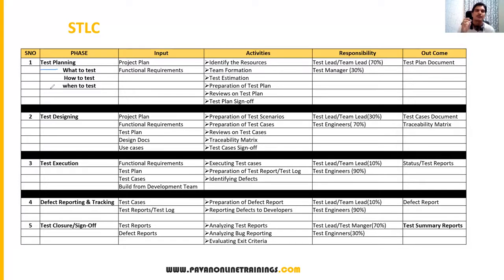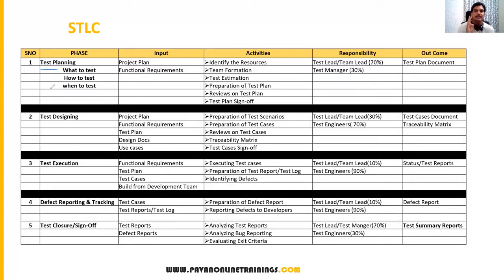First we need to know what to test, then how to test, and when to test, because we have different test cycles and each cycle has a certain period of time, and we have to specify exactly from which day to which day we conduct the testing and how many hours each testing will take, like sanity testing, smoke testing, regression testing, functional testing. How many hours we have to spend on these testings, that is when to test.